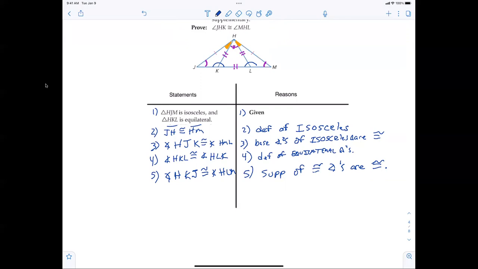Now, from there, can we say the triangles are now congruent? By what? Side angle angle, or I say angle angle side, either way. But let's say triangle JKH is congruent to triangle MLH.